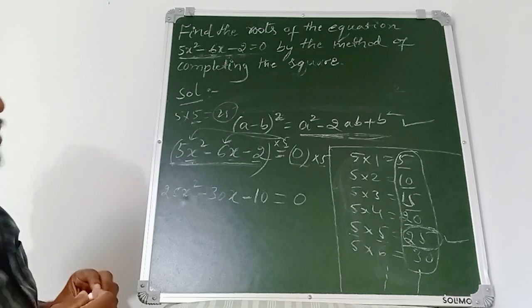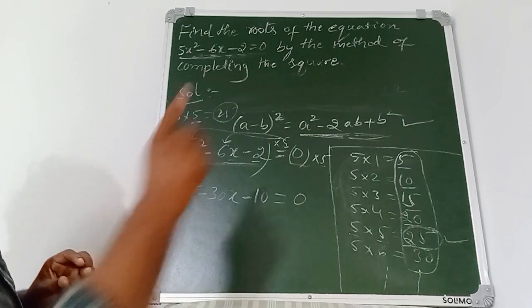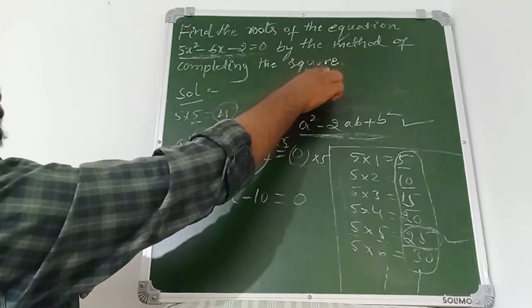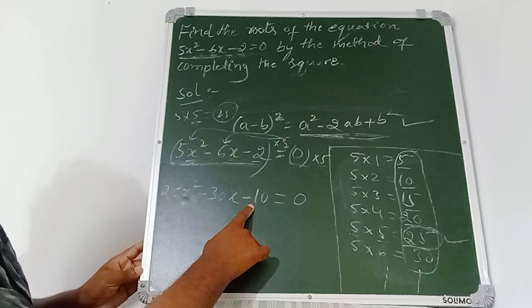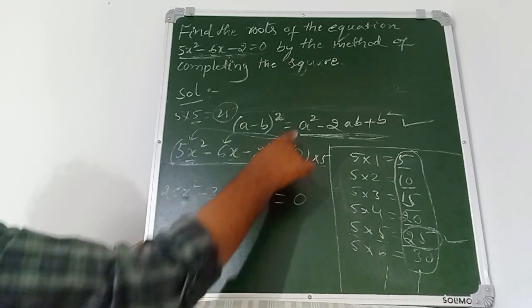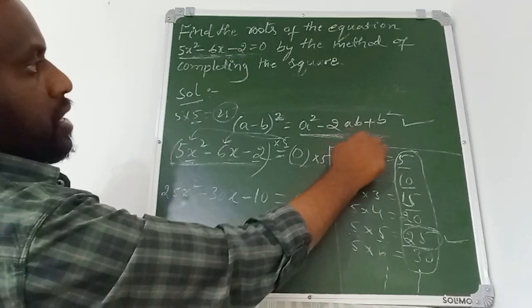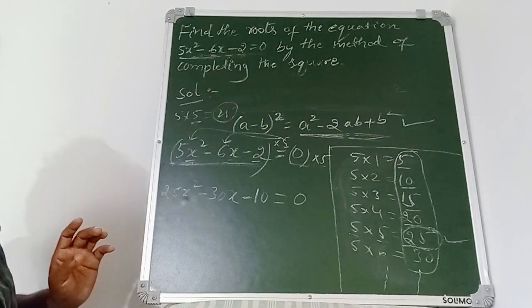Next step is what? The question is by completing the square method. That means now this should be changed to this form, a square minus 2ab plus b square. That I will show first.